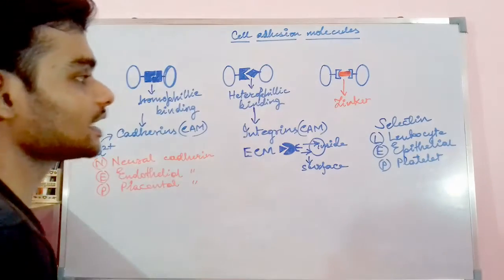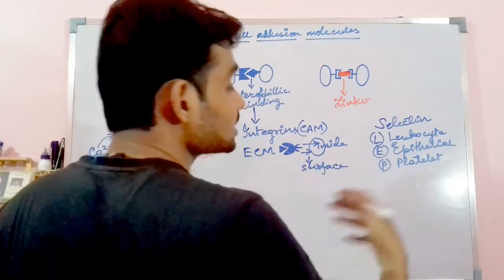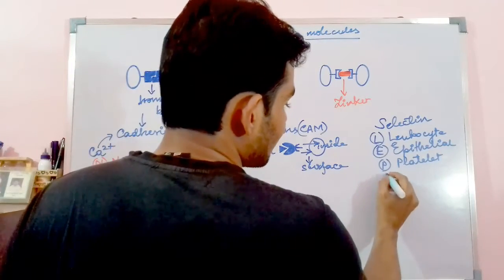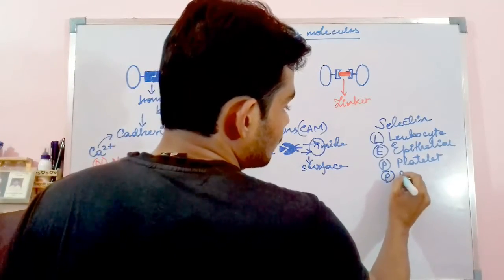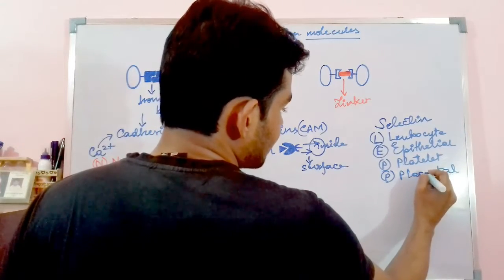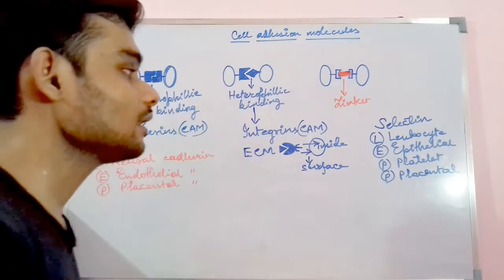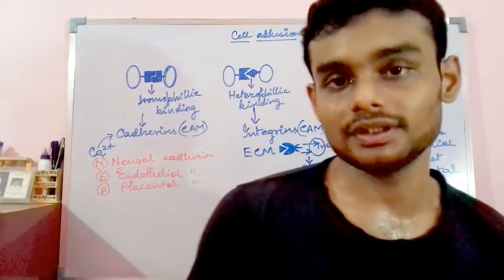These are the major three kinds of selectin, and another one is also present which is optional, that is placental. Placental selectins are very much necessary actually. I must say it's not optional, it's necessary.